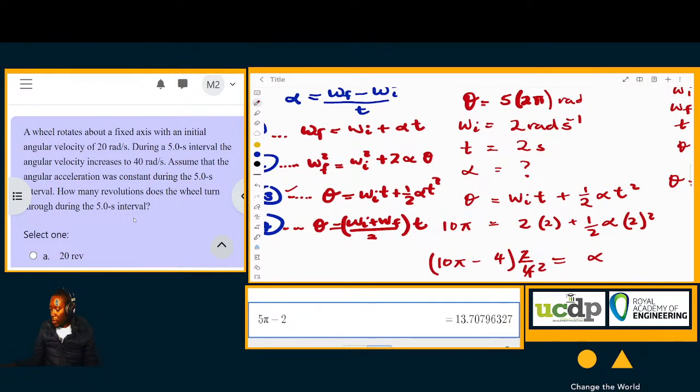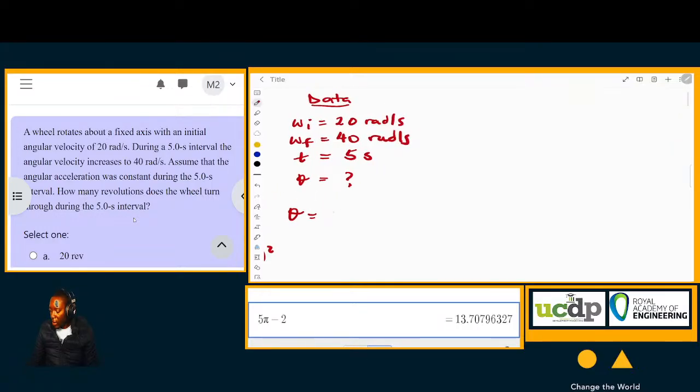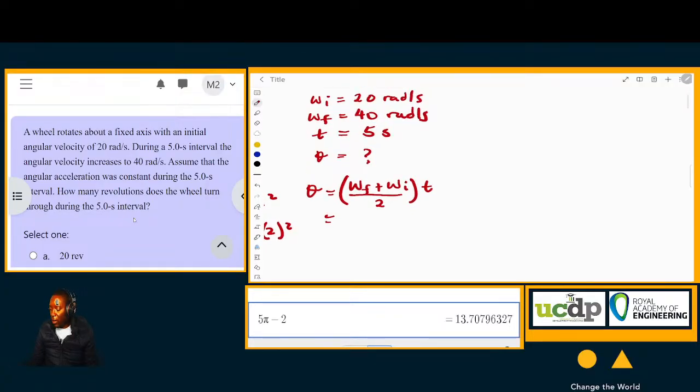Omega final plus omega initial over 2. Yes. So the fourth equation is becoming handy. Omega final plus omega initial over 2 multiplied by t will be equal to theta. So it actually makes things easy because we don't need to find alpha first and then plug into the other equation. Remember, time is also of essence in your writing of your exams.